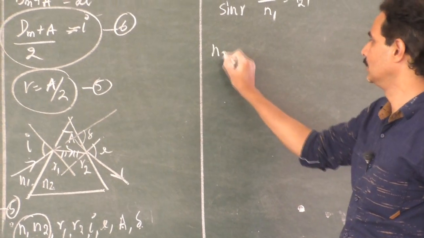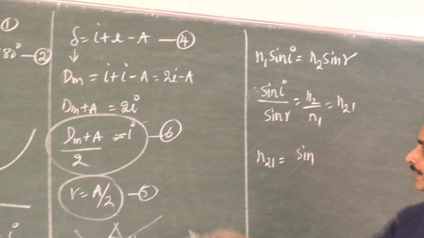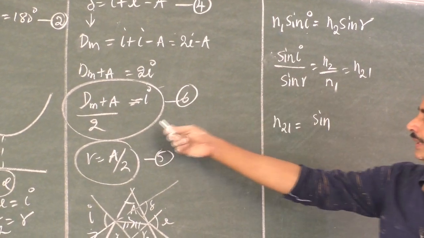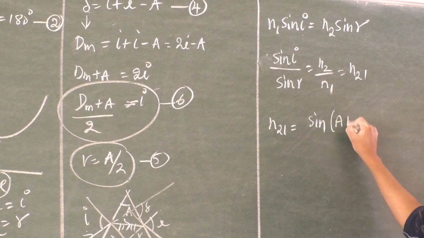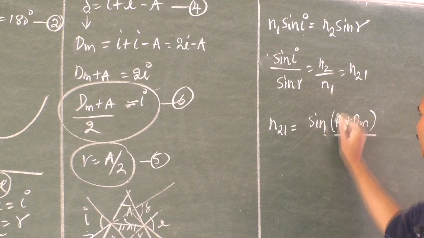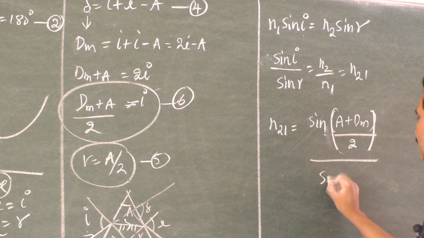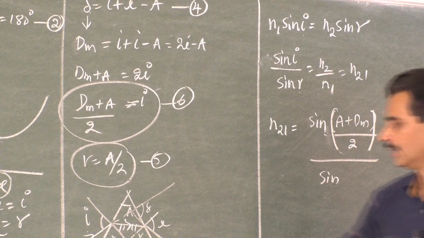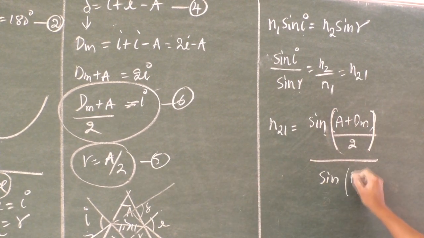So shall I write it as N21 is equal to sin I, where I is equal to A plus dm by 2, divided by sine R. What is R? R is A by 2. Here it is. Sine A by 2.